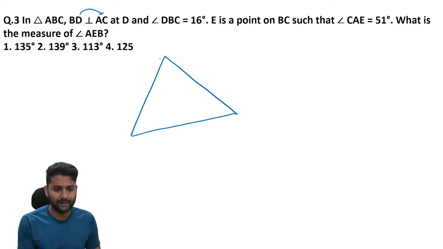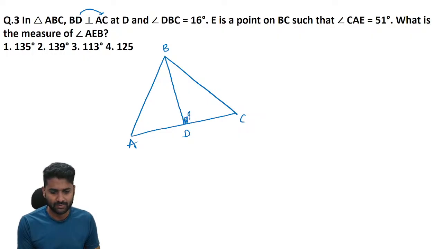Now BD is perpendicular to AC. Perpendicular means the angle is equal to 90 degrees. And the angle DBC they have given as 16. So you can take this value as 16.